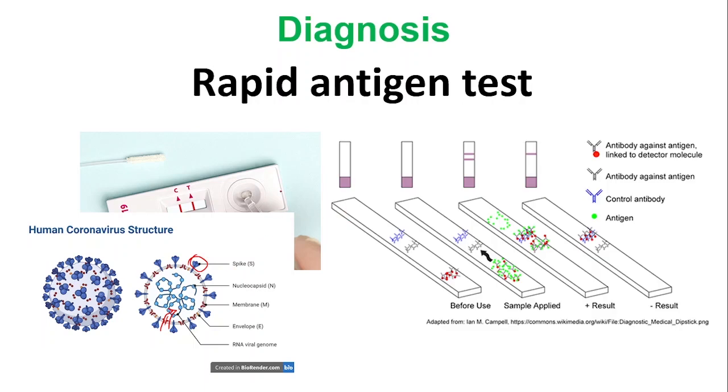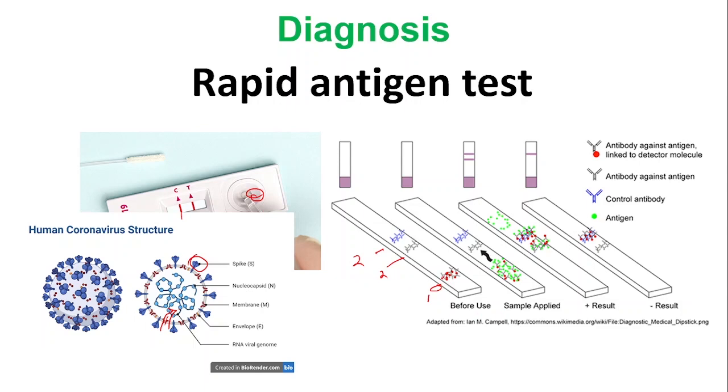So in this chip there will be 2 kinds of antibodies. Here there will be primary antibodies, and in these 2 regions there will be 2 types of secondary antibodies. Out of these 2 primary antibodies, one detects the control antigen and another one detects the spike proteins.